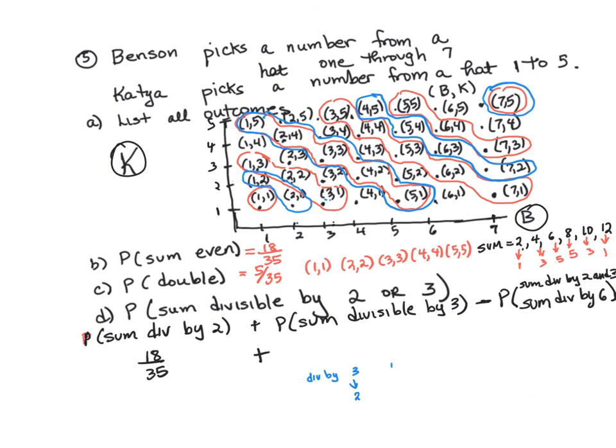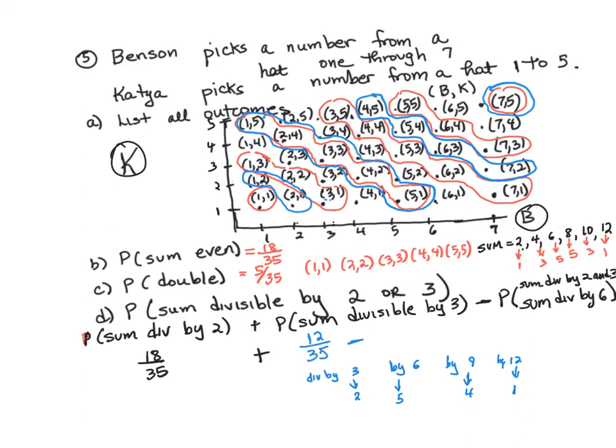Divisible by 6, well, there is 1, 2, 3, 4, 5 outcomes. And divisible by 9, 1, 2, 3, 4 outcomes. And divisible by 12, we've got 1 outcome. So if we add those all together, we get 7 and 4 is 11 and 1 is 12. So the probability here is 12 out of 35.